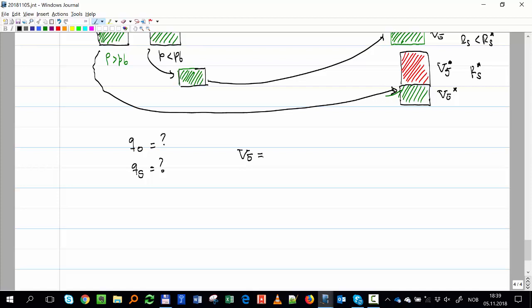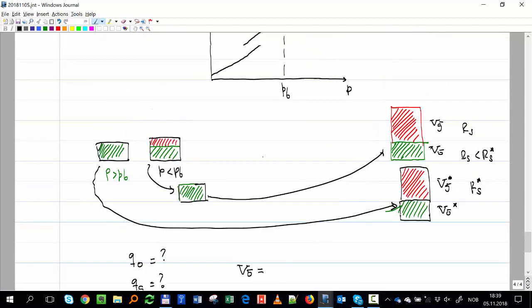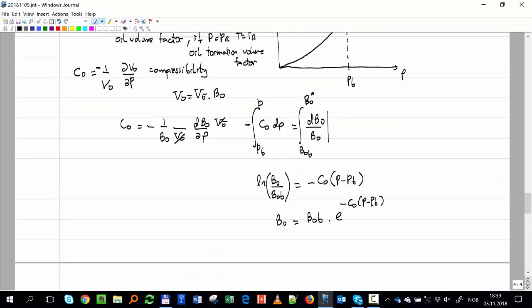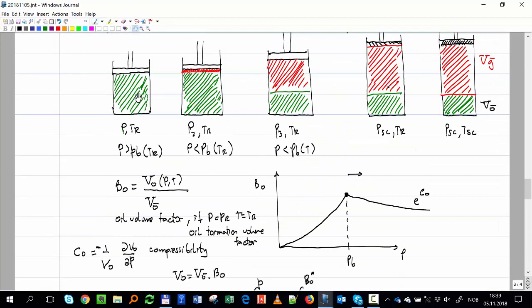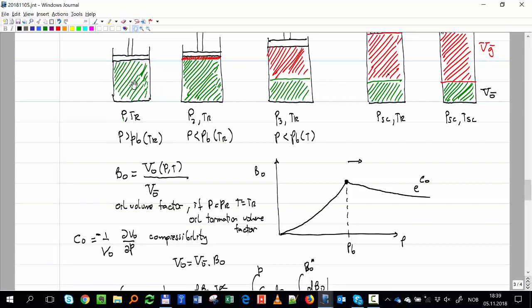What is that oil made up of? That oil is just made up of this oil that started liberating some gas. But it's made up of that oil.